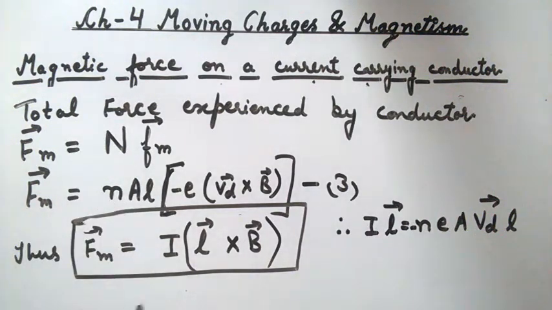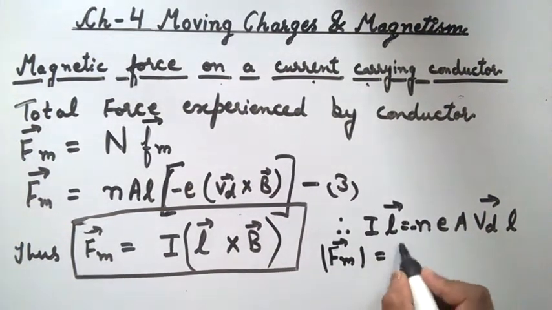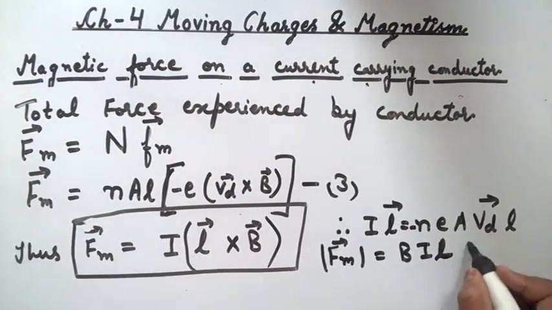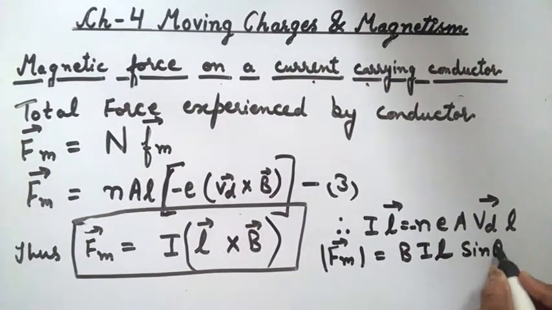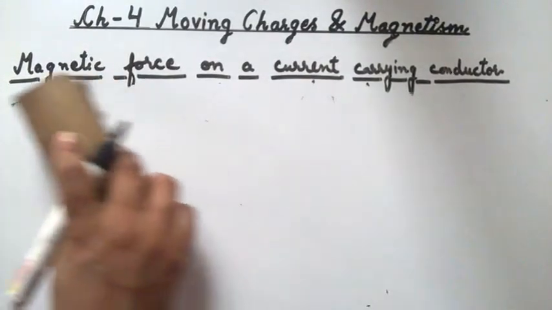In terms of magnitude, it can be written as Fm equal to BIL sin theta. Here theta is the angle between current element and magnetic field.